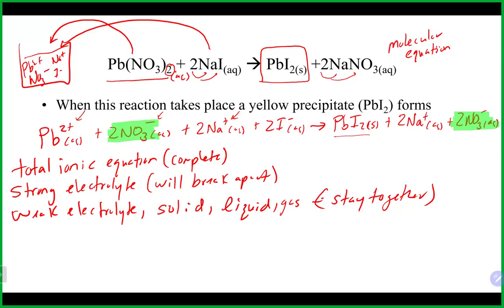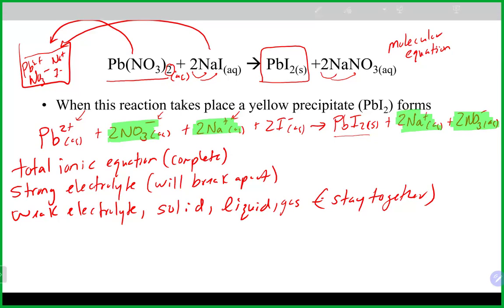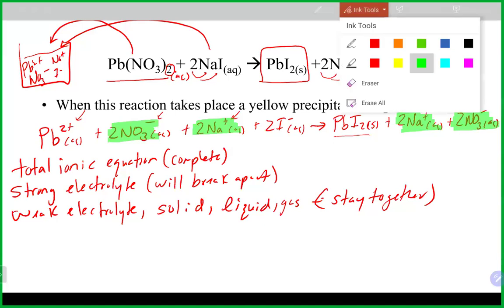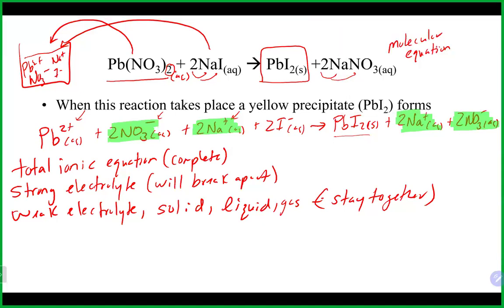I look over here, I see 2 sodium ions with a charge, and I see 2 sodium ions with a charge over here. Those are exactly the same on each side of the arrow. The ones that are exactly the same on each side of the arrow are what are known as spectator ions.